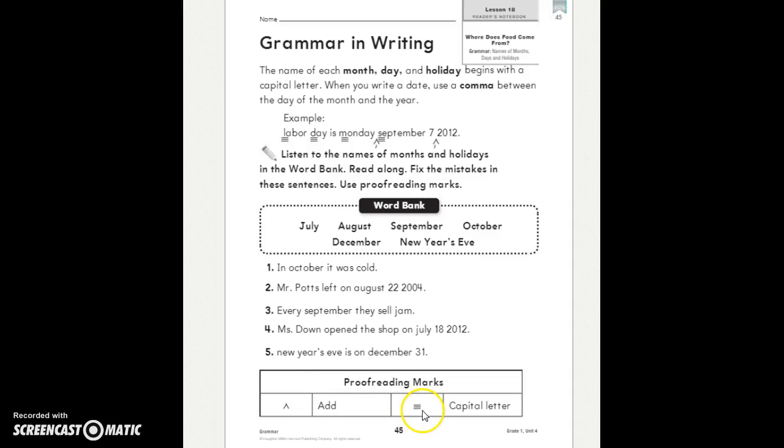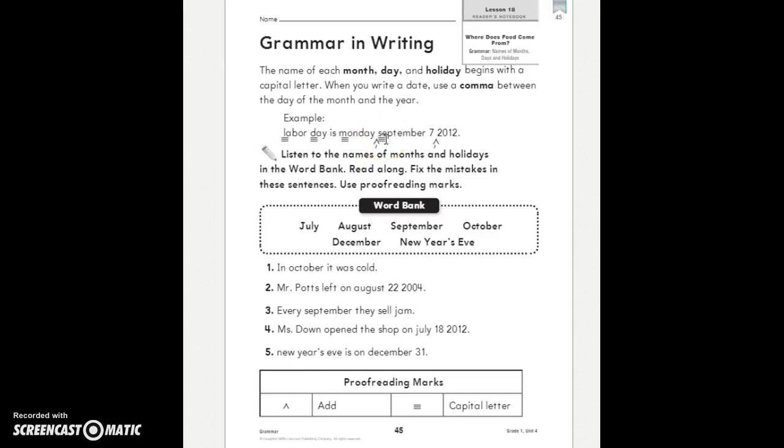The 3 lines underneath mean that it needs a capital letter. So here when you read Labor Day, those 3 lines are there because it's telling you that they forgot to capitalize those words. So Labor Day is Monday, another word they forgot to put the capital letter in the front of, is Monday. And here we need a comma.